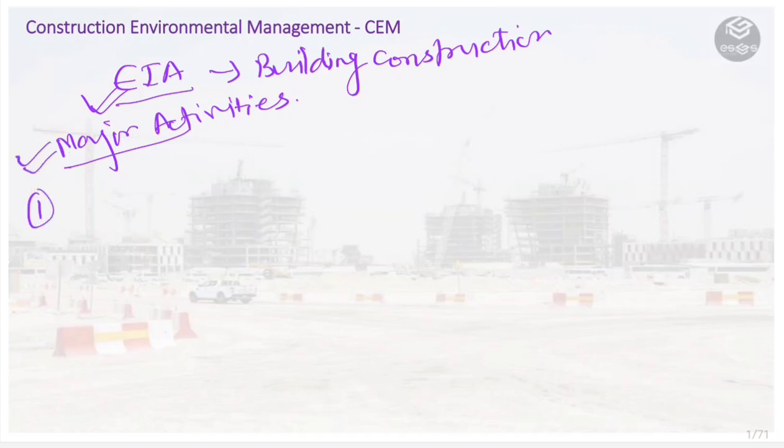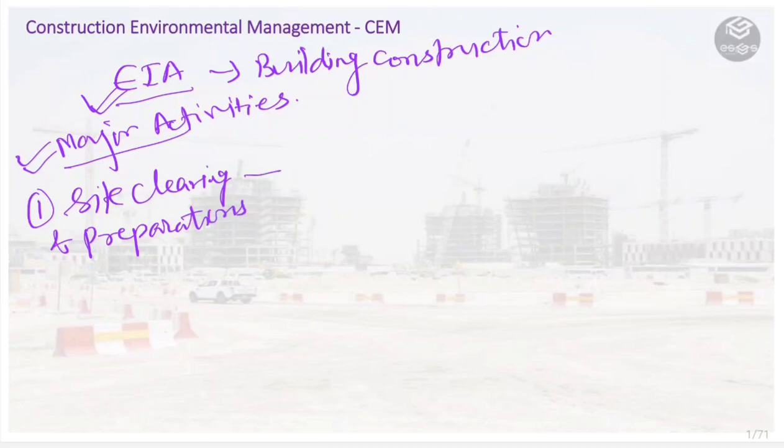So first activity, let's say we talk about site clearing and preparations. In this activity, particularly, what can be the environmental impacts? We can talk about habitat destruction, soil erosion, which can occur leading to increased sedimentation in the water bodies.